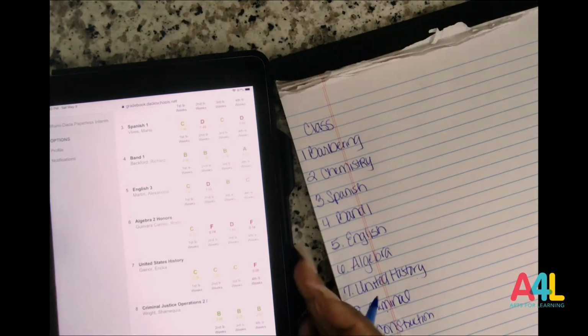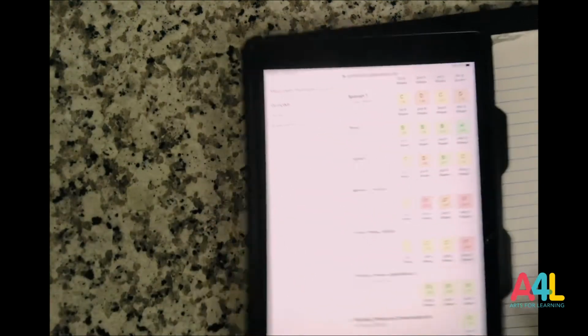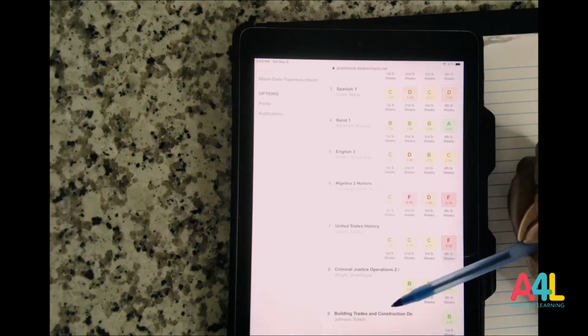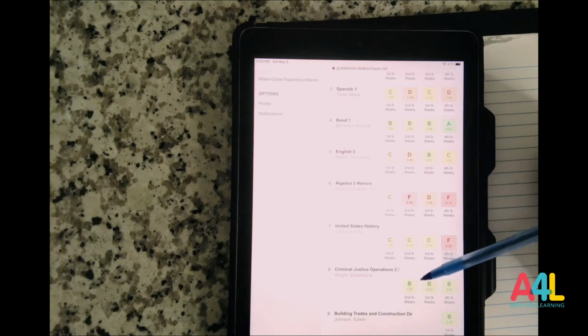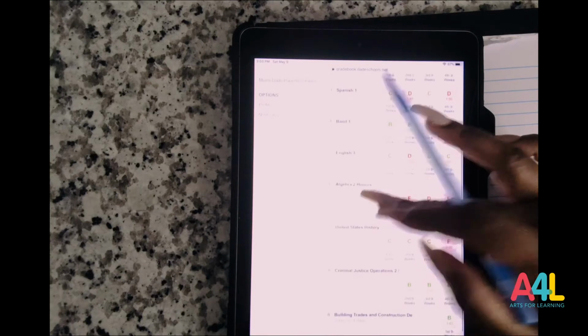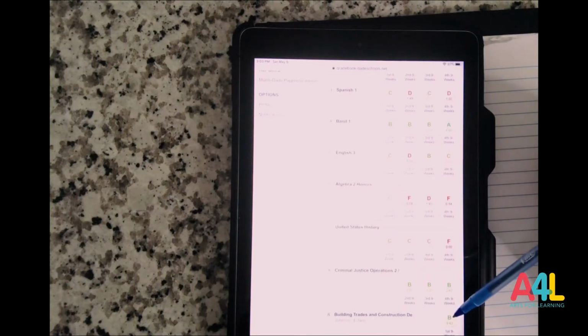Here, I want you to pay attention that this student has a total of 9 classes, but for whatever reason, the student was in criminal justice operation in the beginning, and then they transitioned into building construction.